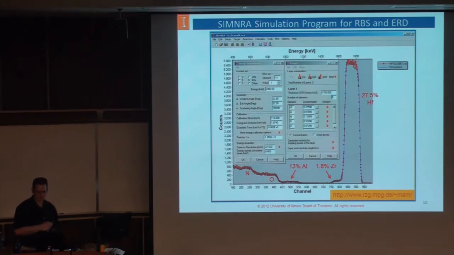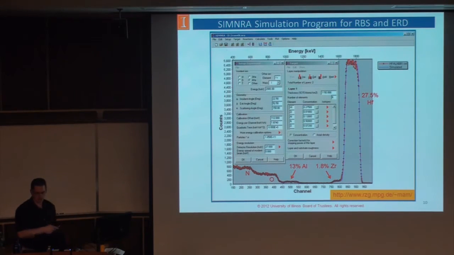Of course, the analysis of this requires knowledge of the scattering cross-section, but these are known as a function of scattering angle for all elements. And it doesn't matter what they're next to. It's just that individual atom. So then we can simulate and fit the data if we know something about our sample to start with. Usually we know something about the composition, something about the thickness, and so we can work from there.